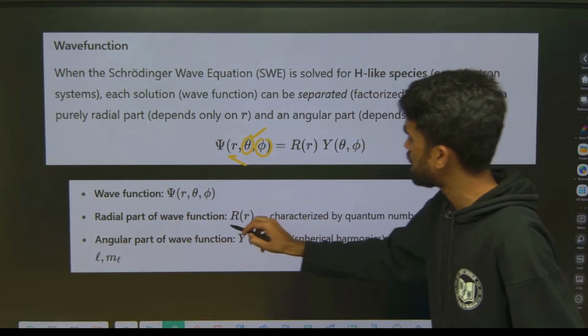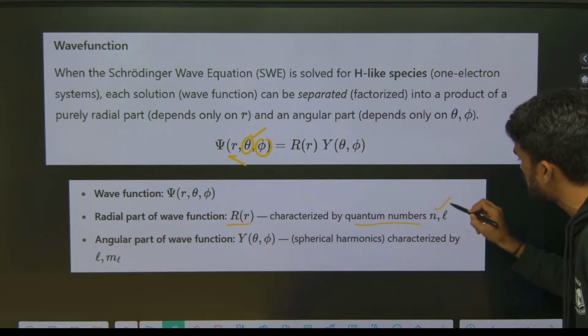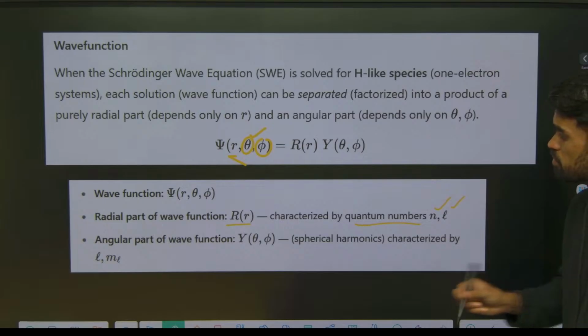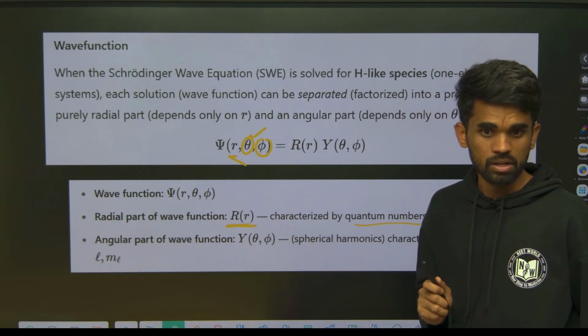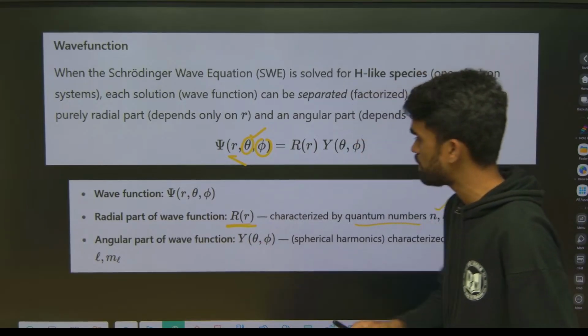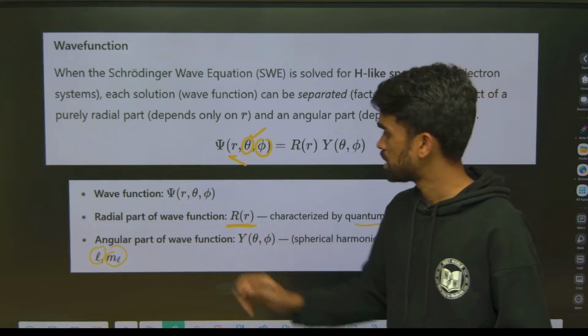From the radial part we are able to get the quantum numbers n and l. So n and l come from which part of the wave function? The radial part. And the angular part gives l and ml.